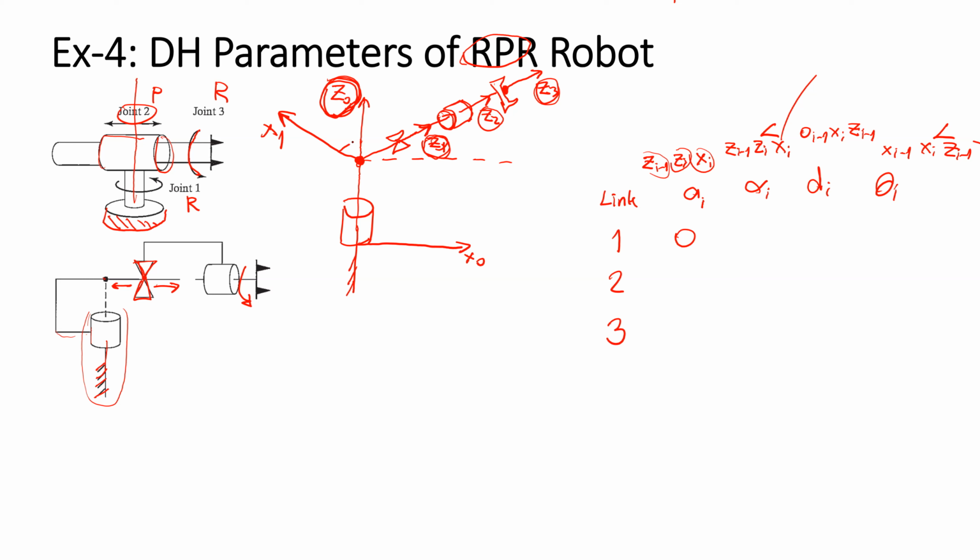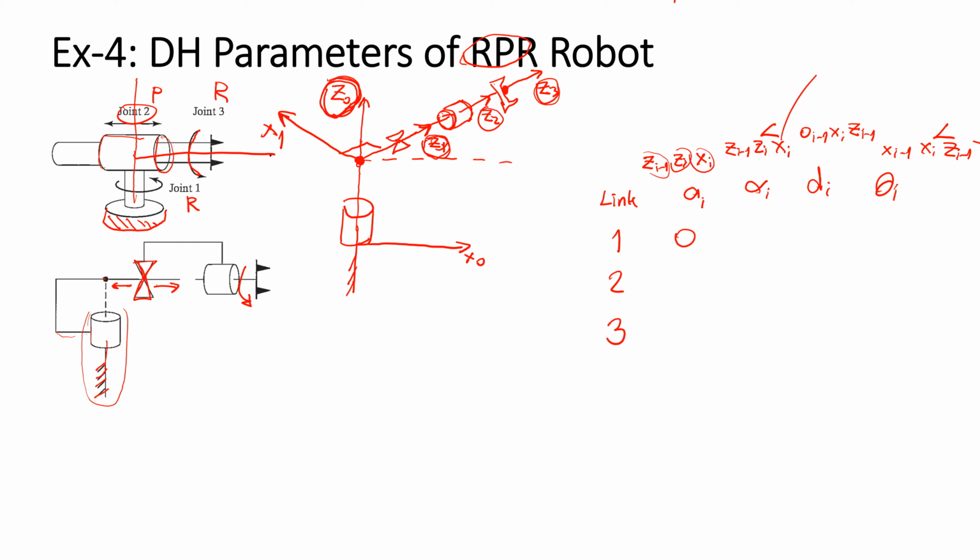X1 is perpendicular to Z1. Z1 is always on the horizontal plane as it just rotates, so X1 is also on the horizontal plane and perpendicular to Z1.